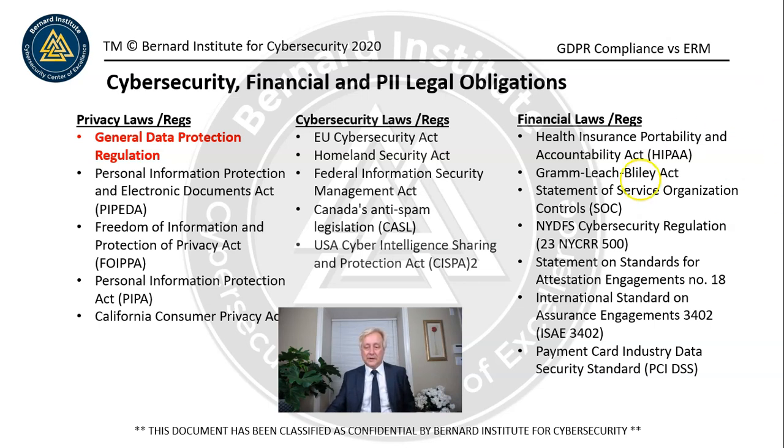Very good. There's the Statement on Standards for Attestation Engagements 18, and also the International Standards on Attestation. These are very important because, as I was saying before, we have an annual CFO certification by external auditors, and they might try to impose new controls in the organization.